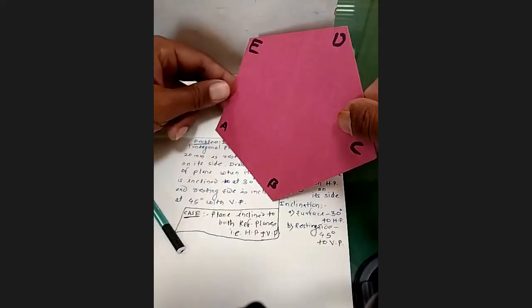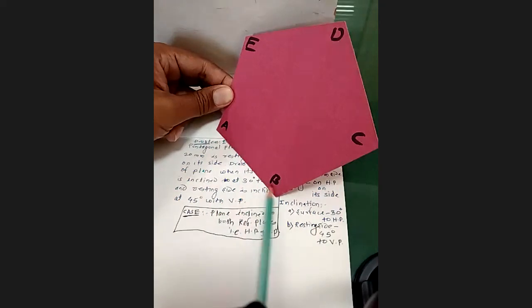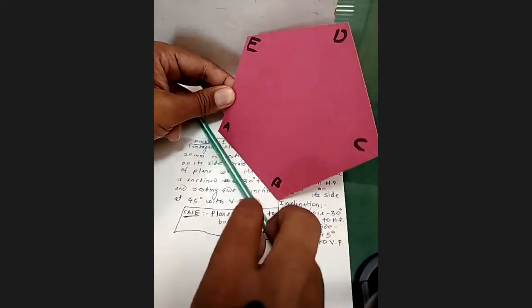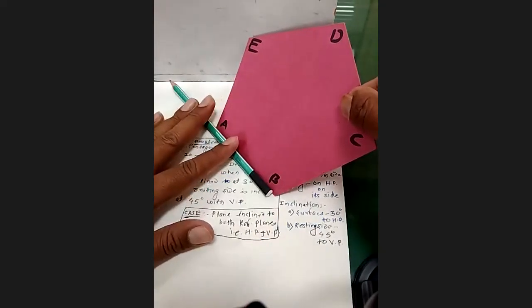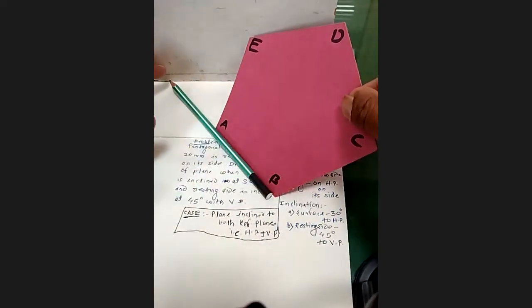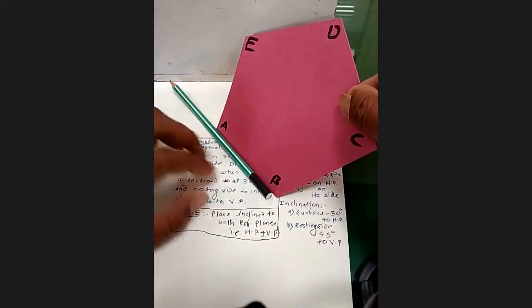Right now this surface is inclined at 30 degree with the horizontal plane. The resting side makes an angle of 45 degree. If I draw the projector or projection line through this base resting line, it is going to be 45 degree.